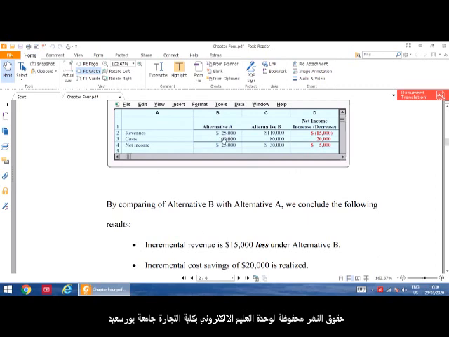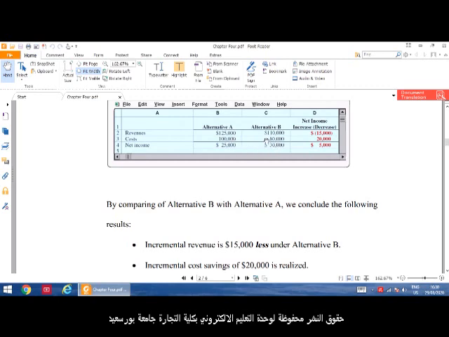We mentioned a comparison of alternative B with alternative A. Alternative A is a base. We compare alternative B with alternative A and conclude the following results.